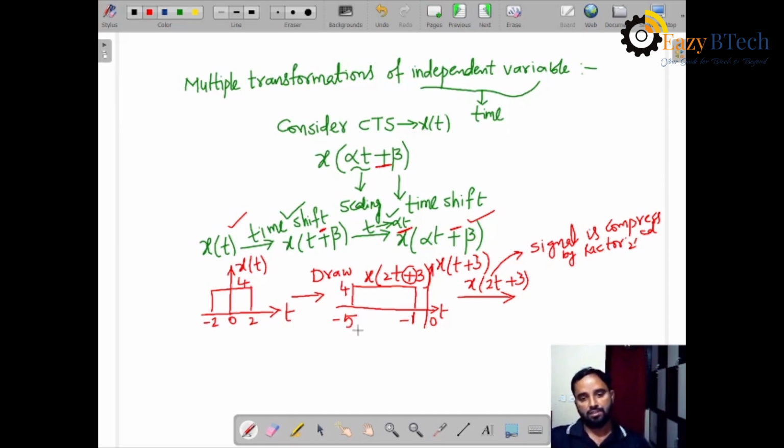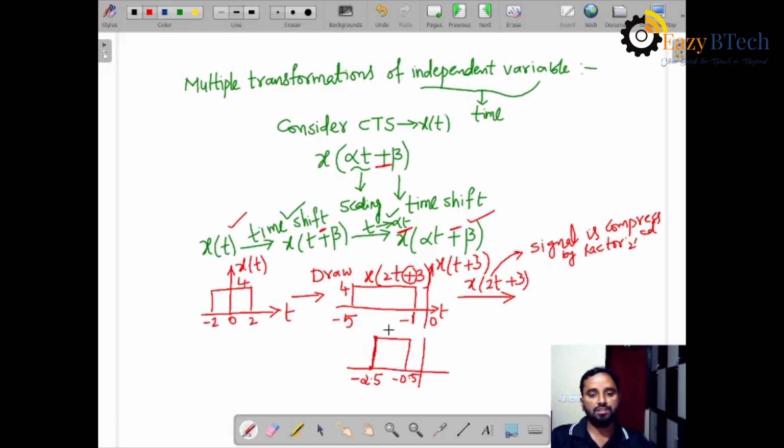So -5 by 2 becomes -2.5, and -1 by 2 becomes -0.5. Now this is the resultant signal, the final output.